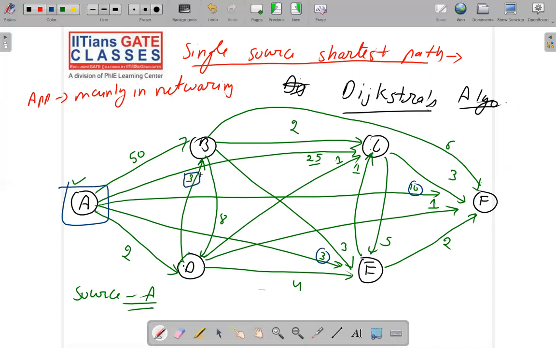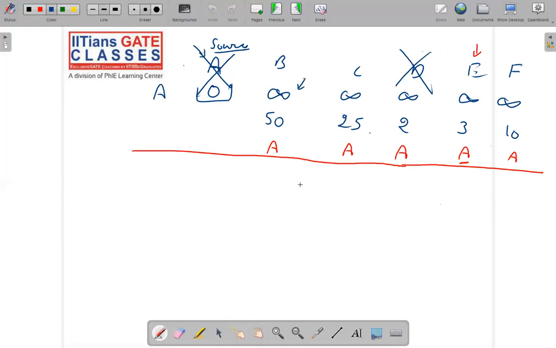So let's try to add 3 to this 2. If this is less than 50, we will replace it. 3 plus 2 is 5, and 5 is less than 50, so we will replace it. Let's try 5 here, and we are going to B via D.